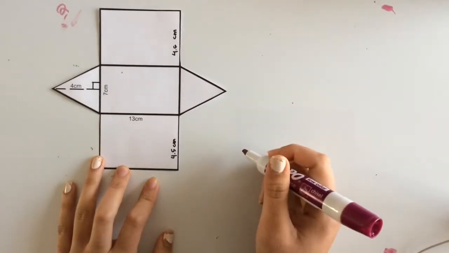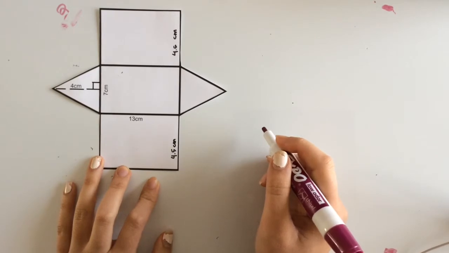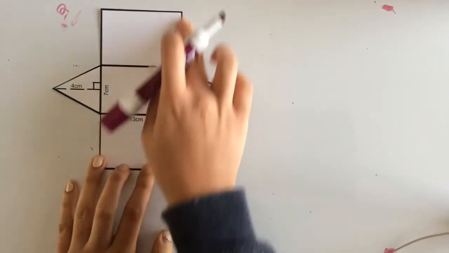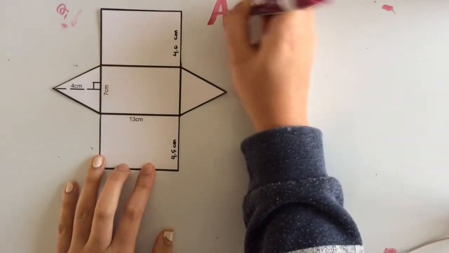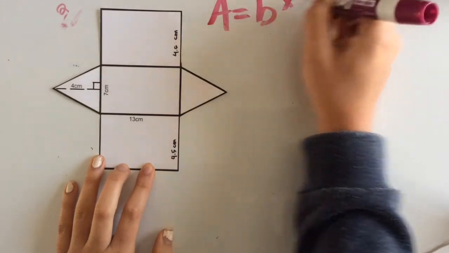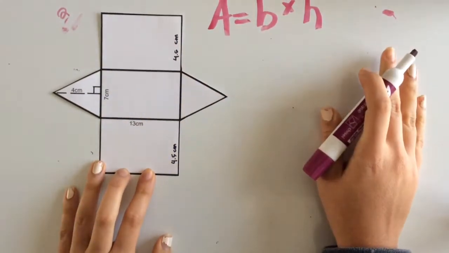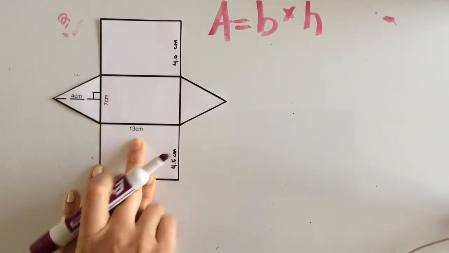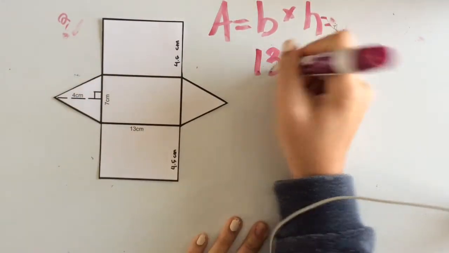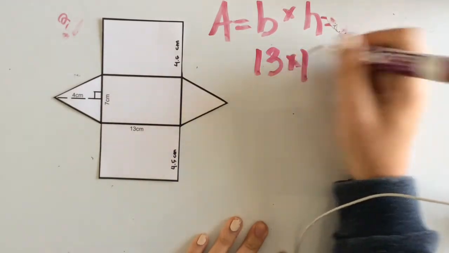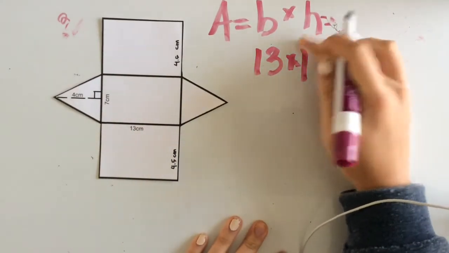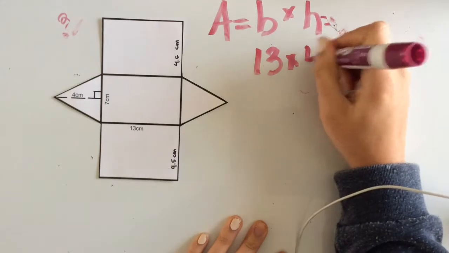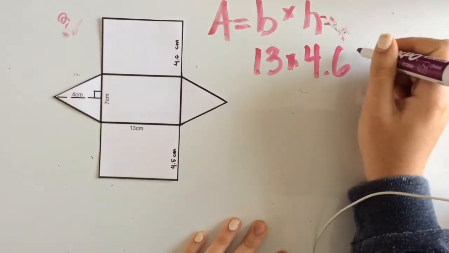Okay, so the area of a rectangle is base times height, right? Base times height. So the base of this rectangle is 13 centimeters. 13 times 4.6. Okay.